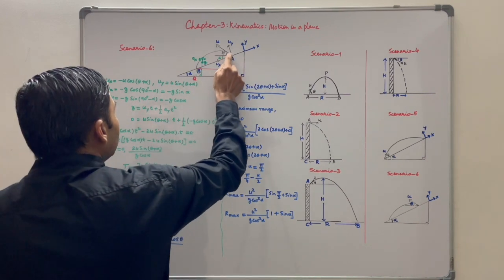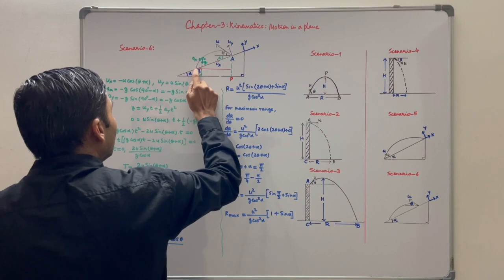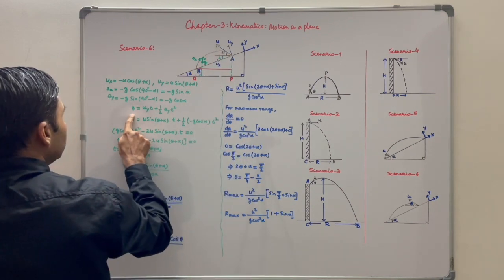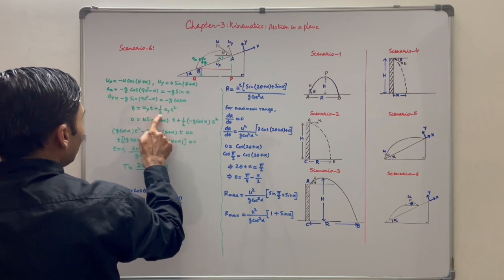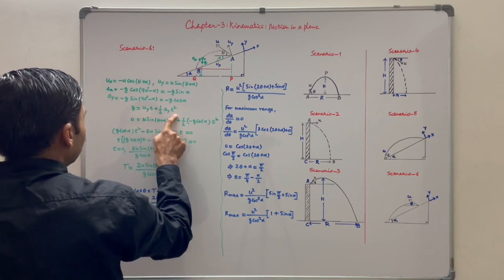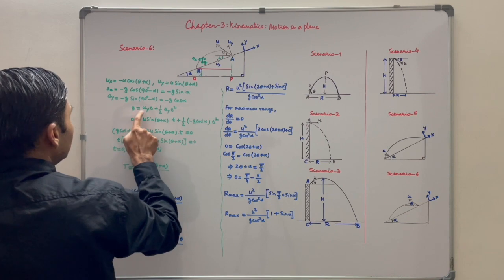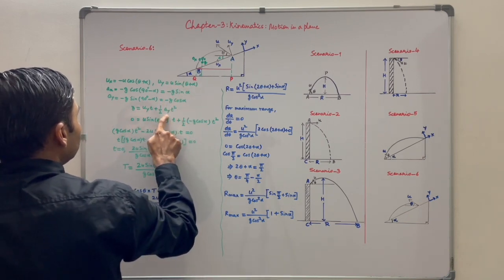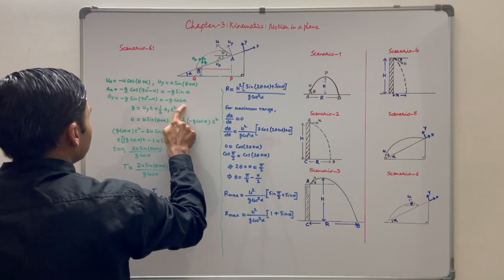When particle hits the plane at point B, vertical displacement is equal to 0. So y is equal to uy t plus 1/2 ay t². y is equal to 0, uy is equal to u sin(θ + α) and ay is equal to −g cos α.